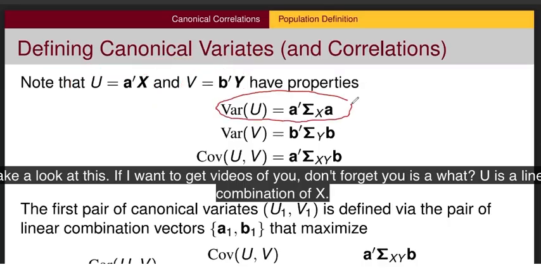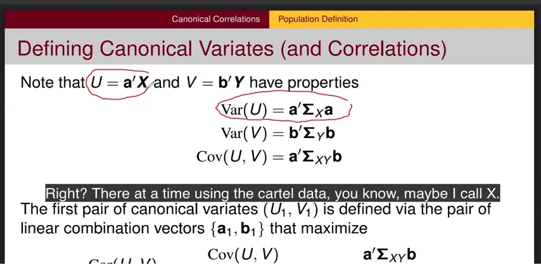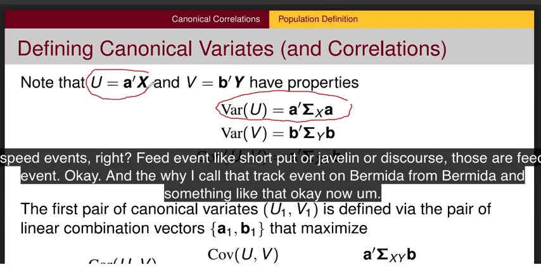If I want to get the variance of U, don't forget, U is a linear combination of X, right? Earlier, using the Cartesian data, we called X the field events, like shot put, javelin or discus. And Y I call the track events, 100 meter, 400 meter, and so on.